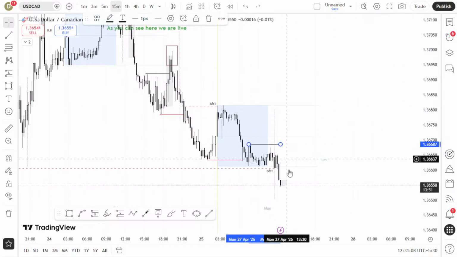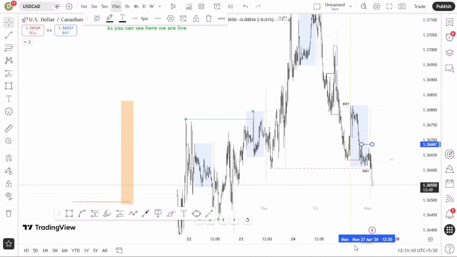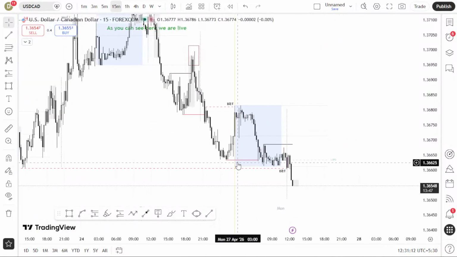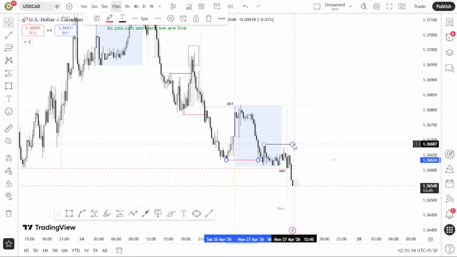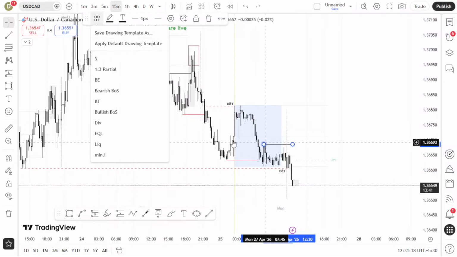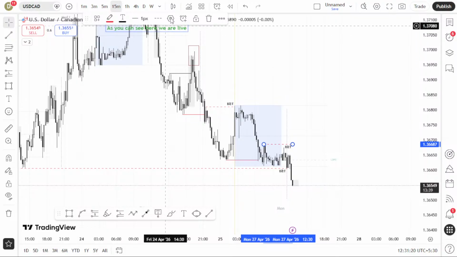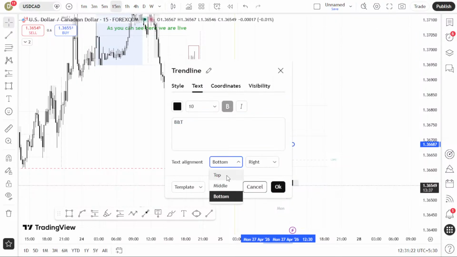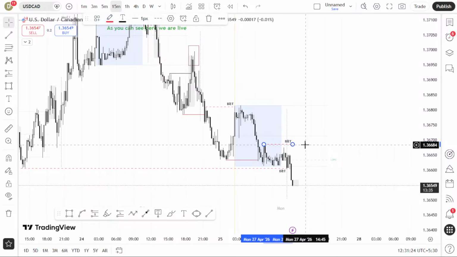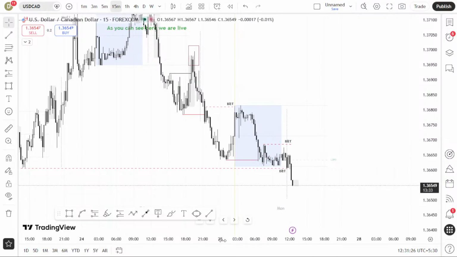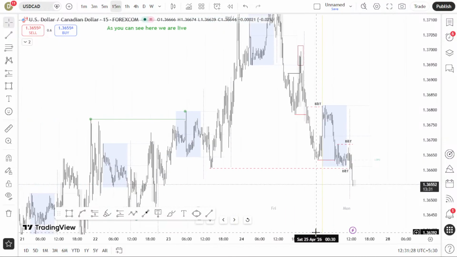Now this is one of my trade models, the Asia 50% continuation model. This might as well qualify for the break and test liquidity as well. So considering both, I am waiting for this area to get induced so that I could buy off it. I mean sell off it.